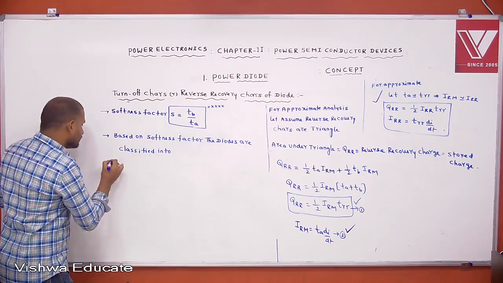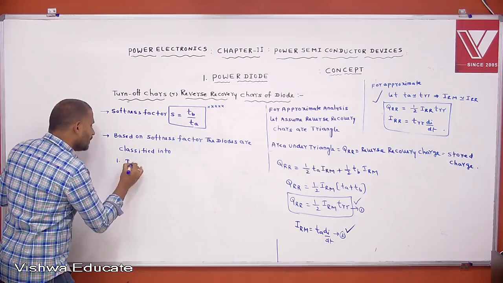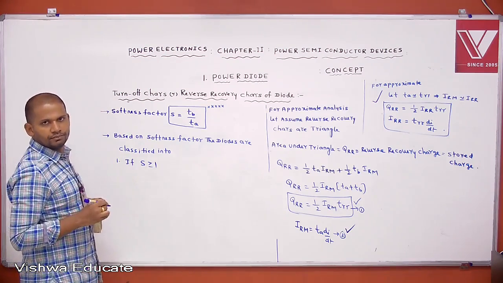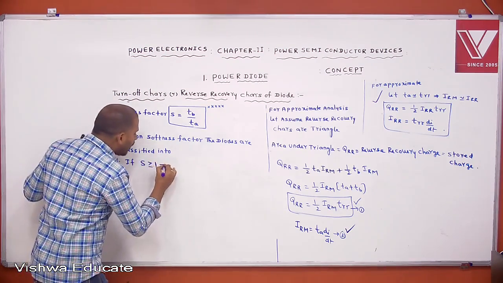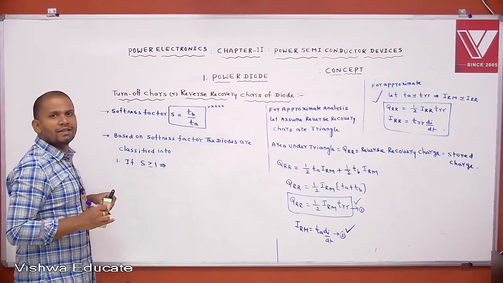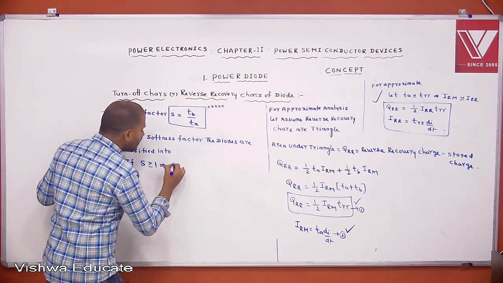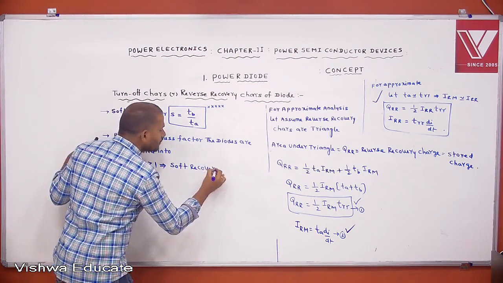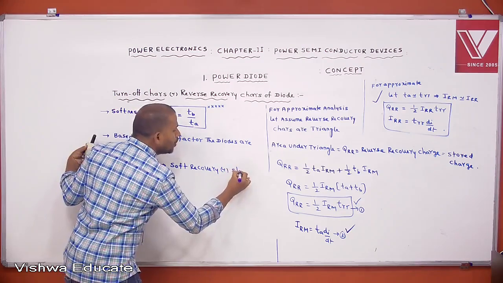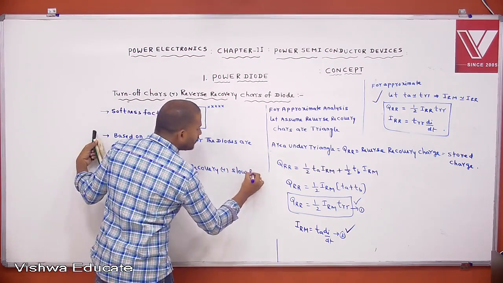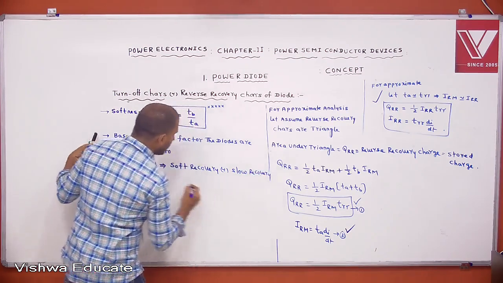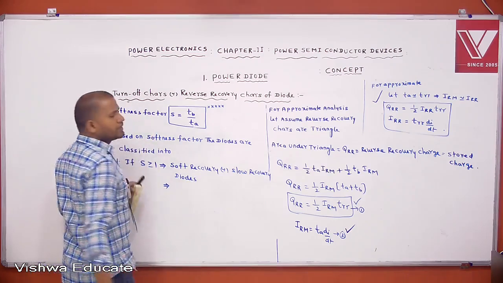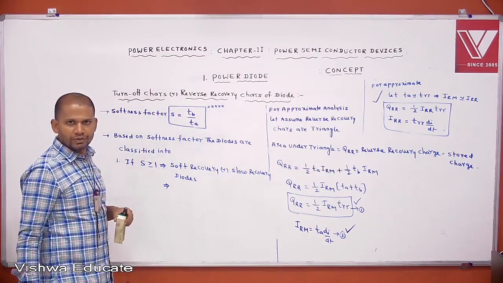One is, if the softness factor is greater than or equal to 1, then those diodes are called soft recovery or slow recovery diodes.